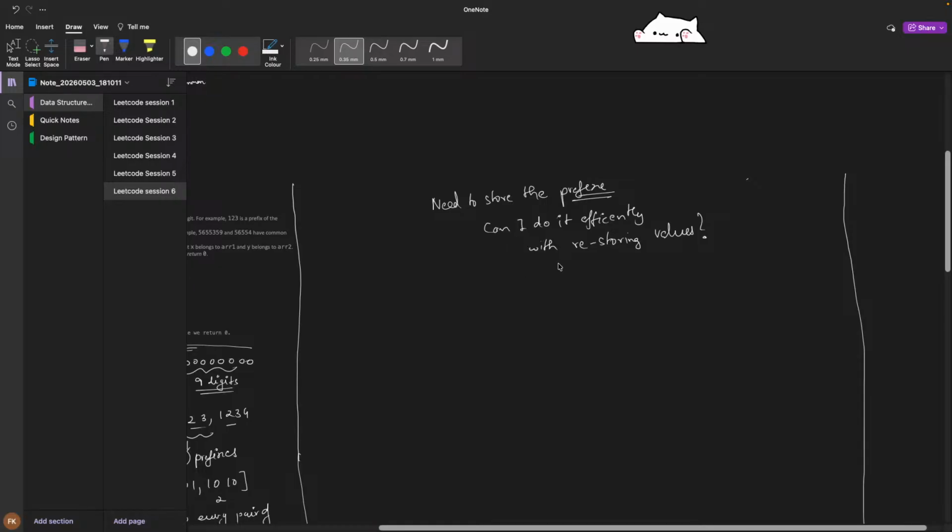How do I store it efficiently? We saw that for the integers 1, 10, 100, 1001 and 1010, their prefixes are 1, 10, 100, 1001, 101 and 1010, right?